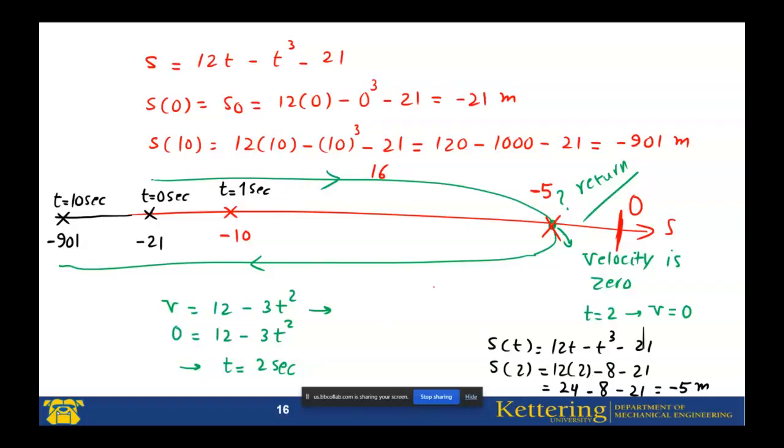And also, from this point to here is 16. And from this point to this point, it is 901 minus 5. Means that I can find the total distance is the summation of 16 plus 901 minus 5.